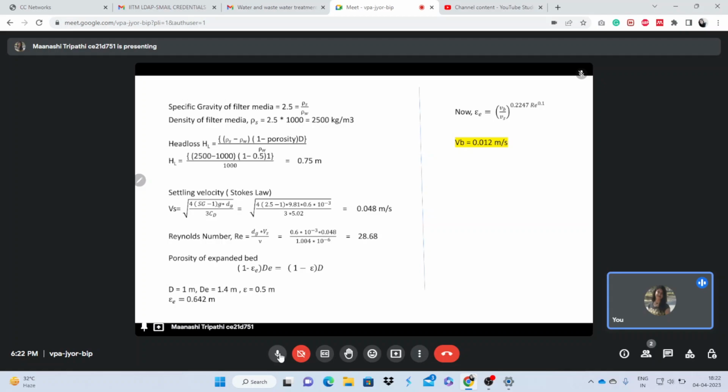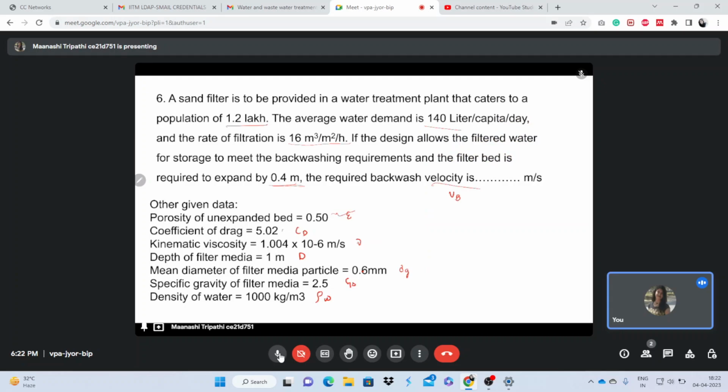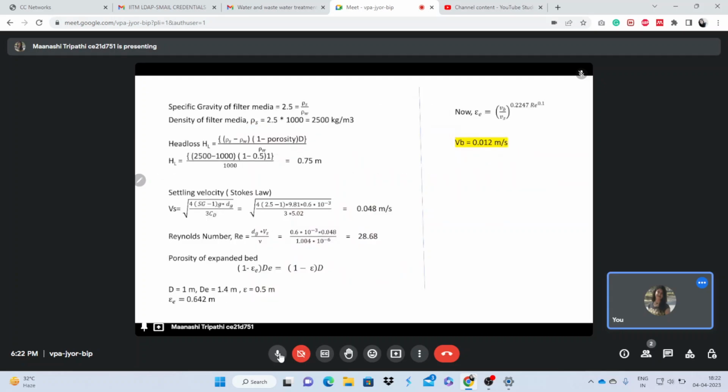Now what is the porosity of the expanded bed? We have all the values. We have the expanded bed depth because it is expanding by 0.4 meter. It was written right, 0.4 meter. So the depth of the expanded bed is 1.4. We have everything, so we got the porosity.